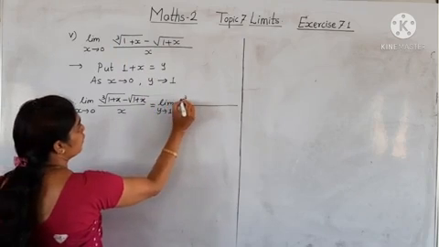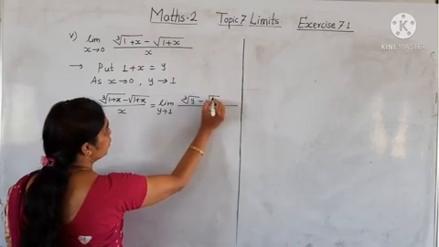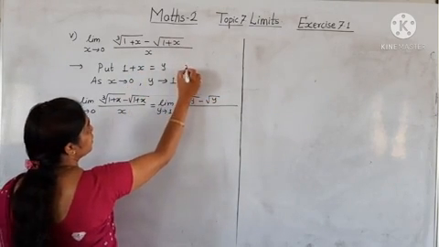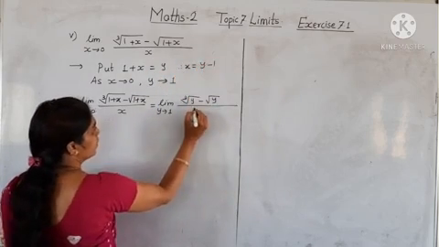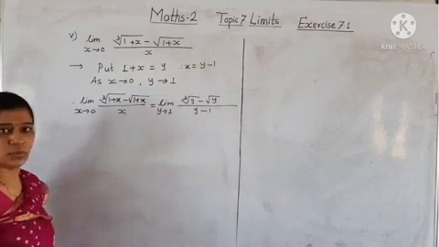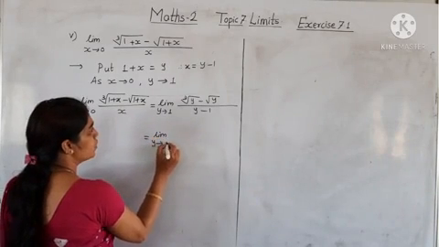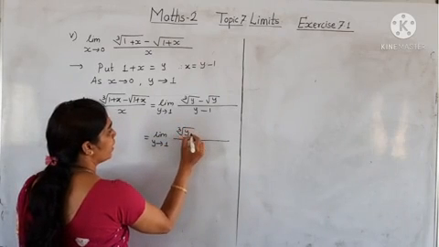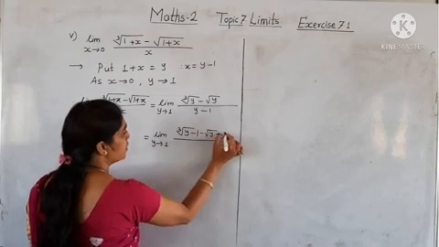Here the cube root of 1 plus x is the cube root of y, minus root y, upon the value of x. What is the value of x from this? Therefore x is equal to y minus 1. Limit y tends to 1, cube root of y minus 1 minus root y plus 1.